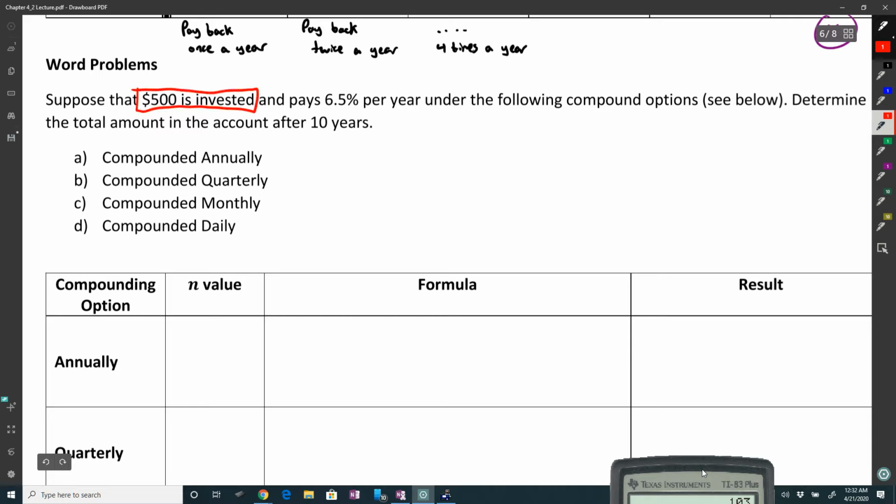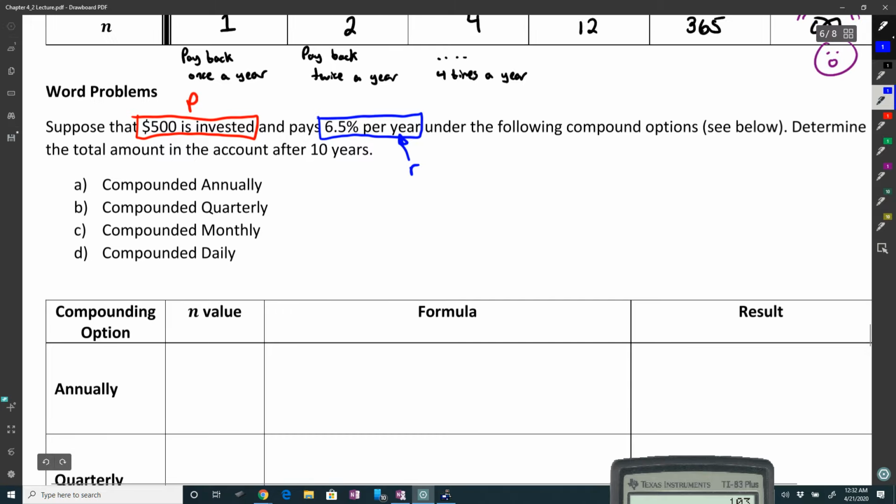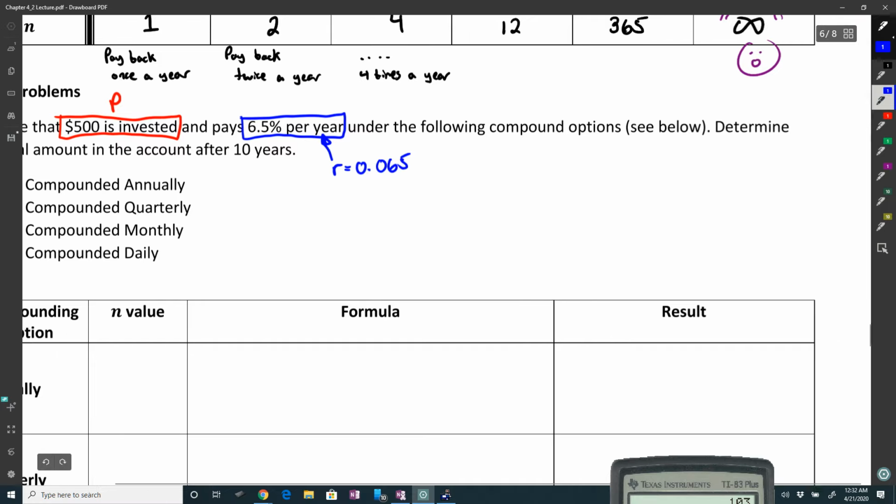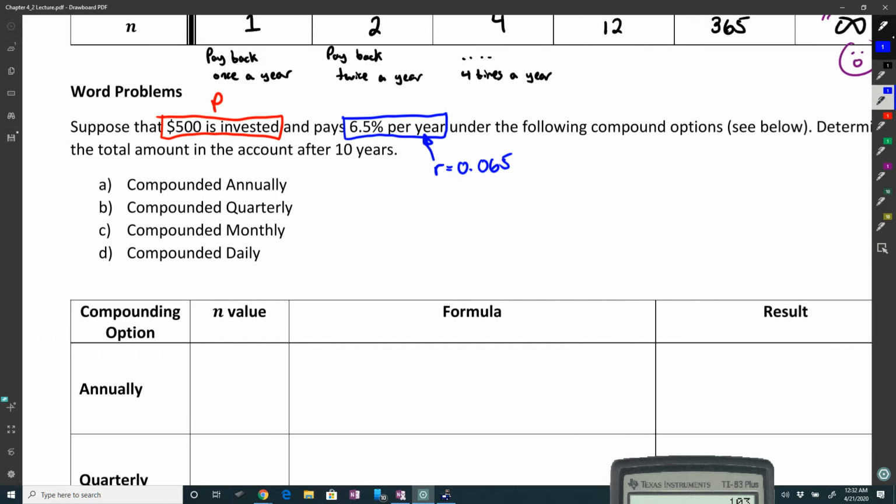Invested is the starting amount. So that has to be my P. Pays 6% per year. That's going to be my R. But again, you have to write it as a decimal. Under the following compound options. And notice that it's going to be after 10 years. So T is equal to 10.